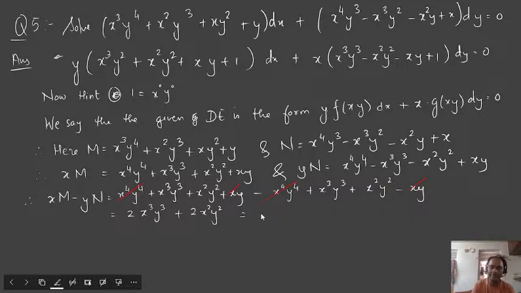That can be simplified further to an extent, 2x square y square taken common, and then I can write this as 2x square y square times (xy plus 1). Okay, so this is what I have got, and this is not equal to 0.